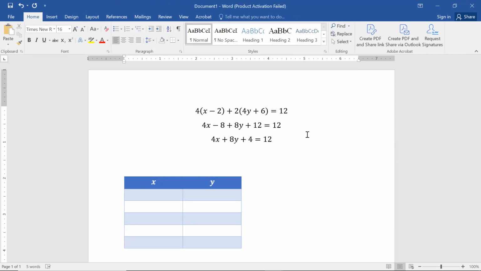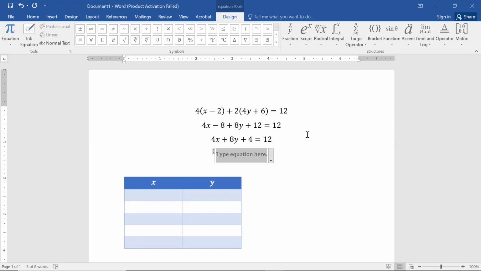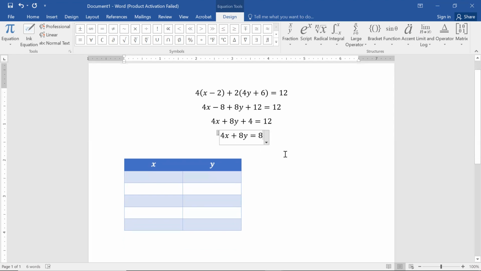So I'm going to subtract 4 from both sides. That'll give me 8y. I think I'll solve for y. That's the typical thing.